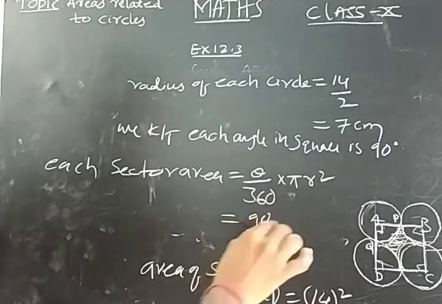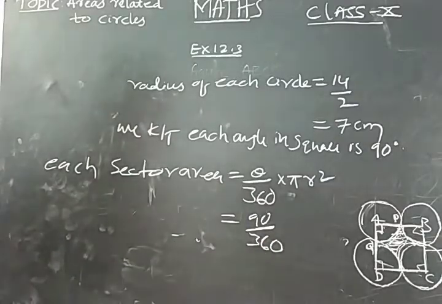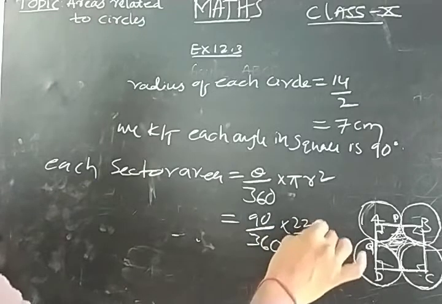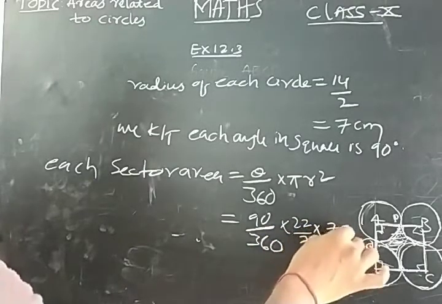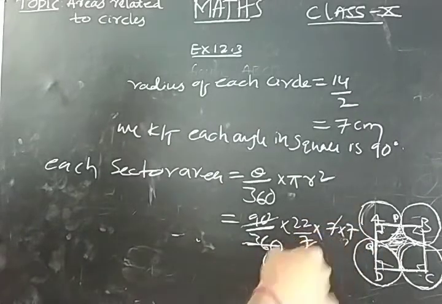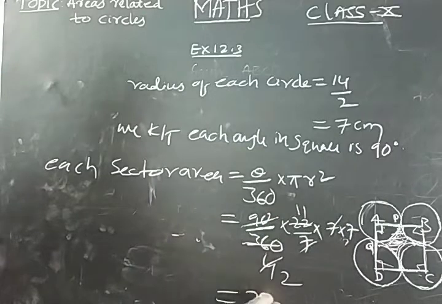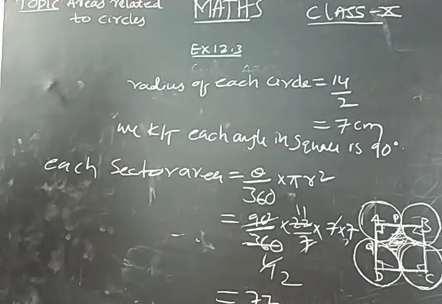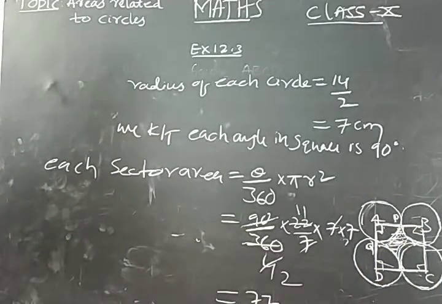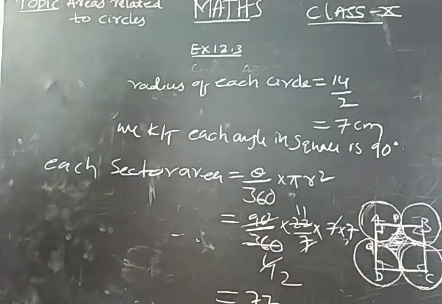Theta is 90 degrees by 360 into pi value 22 by 7 into r square, so 7 into 7. 4 the 7 cancel, 2 the 11, 11 7 the 77 by 2 is the sector area. How many sectors are there? 4 sectors. So I am subtracting the area of 4 sectors from the square area.